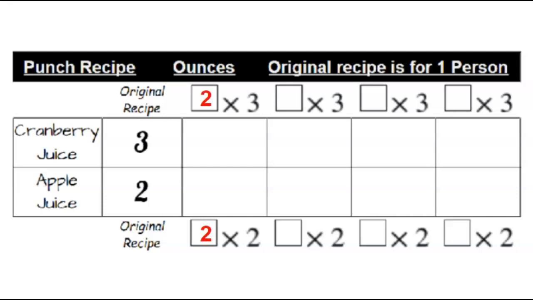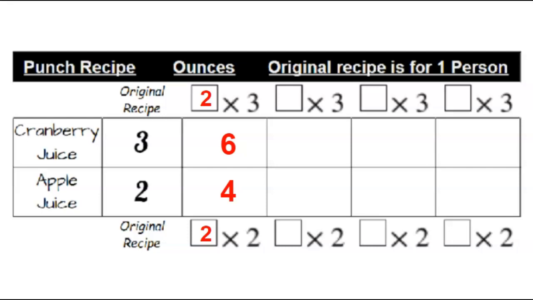So first, I could increase it for 2 people. That means I need to take the original recipe of 3 ounces and multiply by 2. That gives me 6, and the original 2 ounces for apple juice multiplied by 2, and I get 4 ounces. So each time I increase my recipe, I need to multiply the original recipe by whatever I want to increase it by.